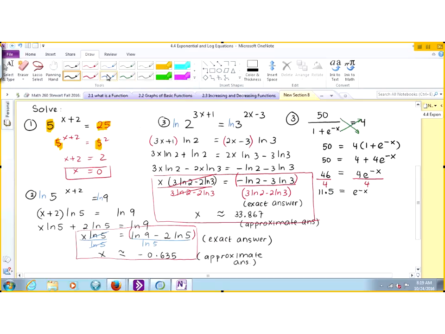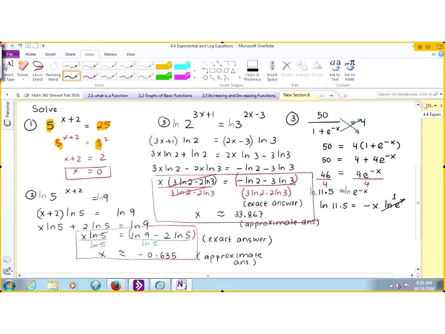Now what? ln both sides? Yes. So ln both sides. You're right. So ln 11.5 is equal to negative x times ln e. So we bring down the exponent times ln e, which is 1. That's right.